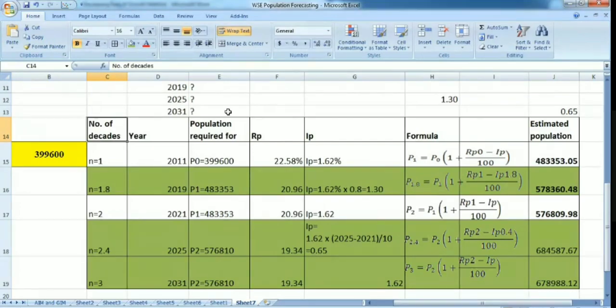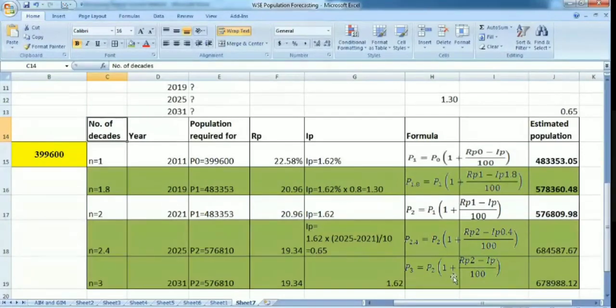Once you do that, the present demands will be met. We always plan for a design period of 30 years, 20 years, 15 years, something like that. I'll deal with the topic of design period again in detail, after completing population forecasting and other topics: how to meet the demands for the future.